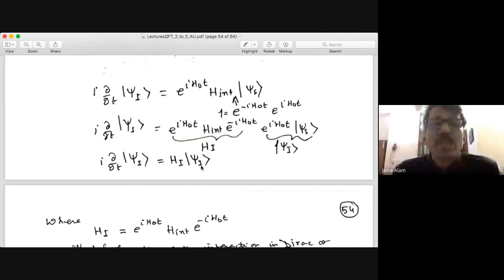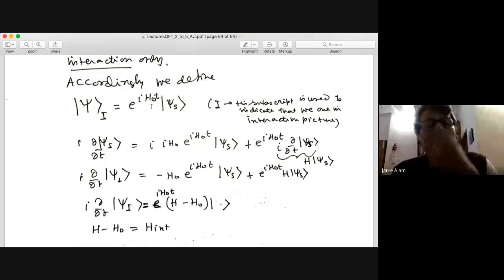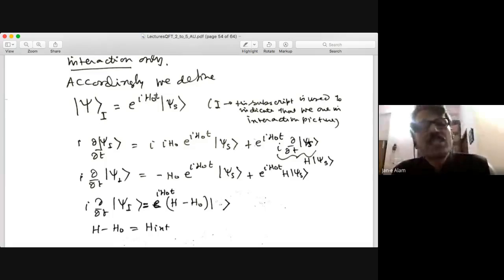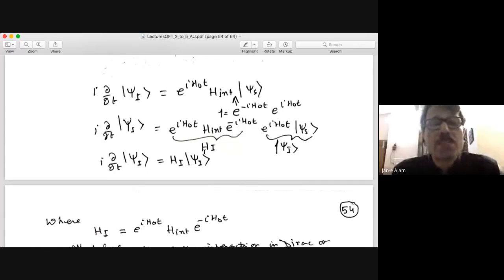Please note one thing: the state psi I contains the time evolution operator e to the i H naught t. So the free state, the eigenstate of H naught, is there, and then you get this particular equation.